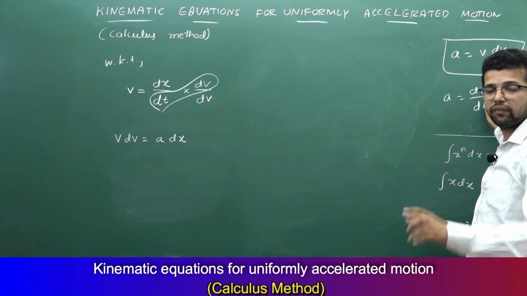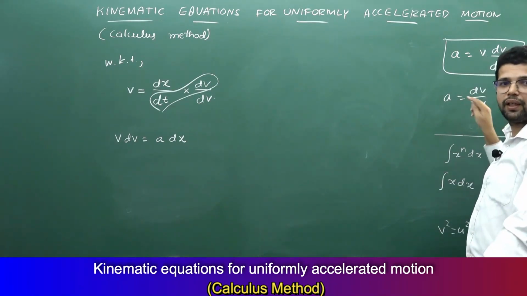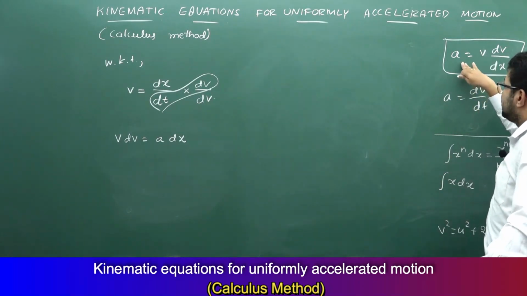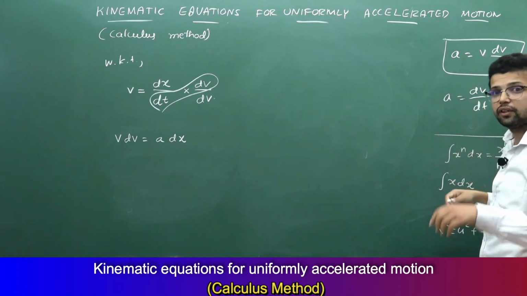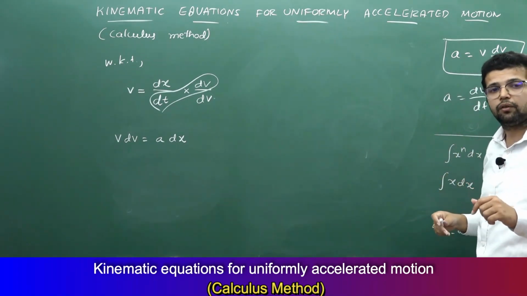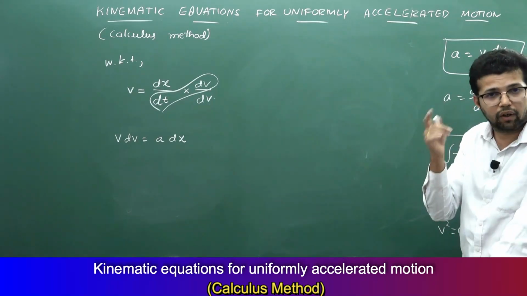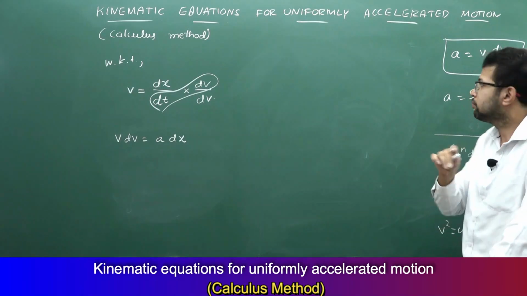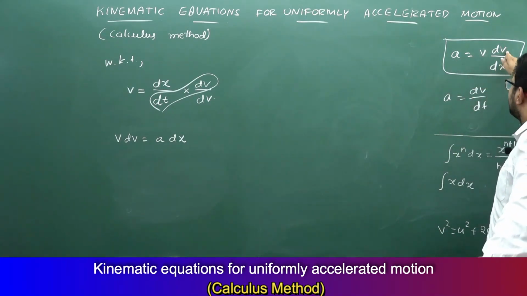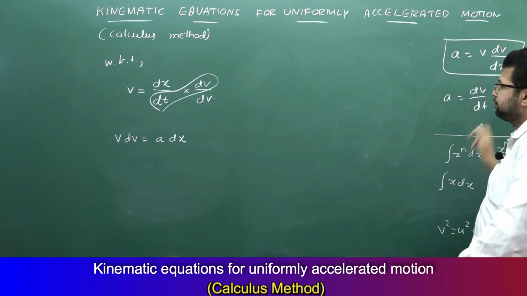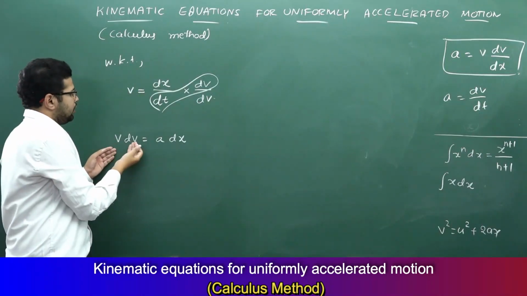If velocity is a function of time, then if you differentiate velocity with respect to time, you get acceleration. This equation is a little special. If velocity is a function of distance, then you can't differentiate velocity with respect to time to get acceleration. Then acceleration is velocity into differentiation of velocity with respect to distance.